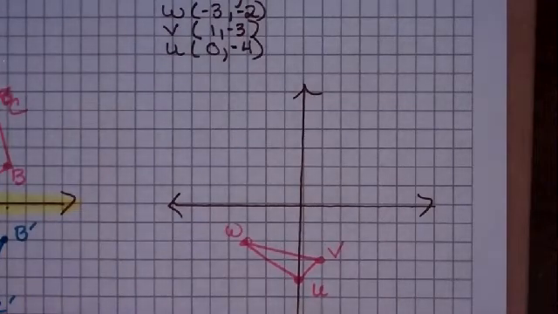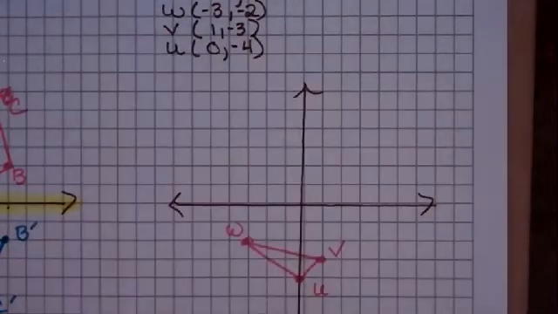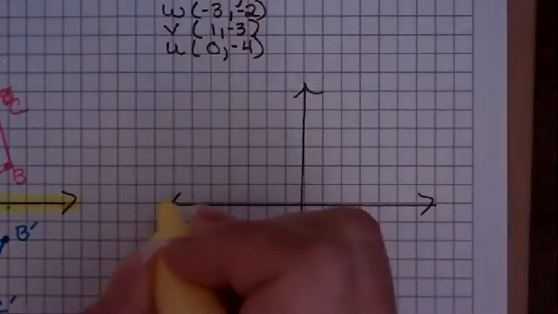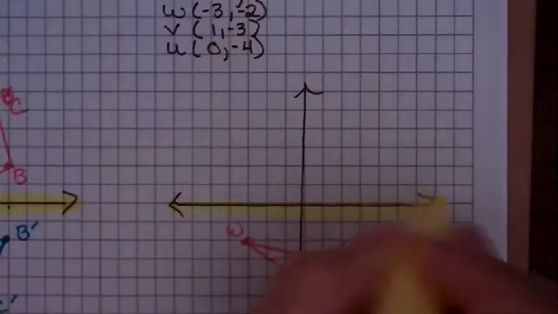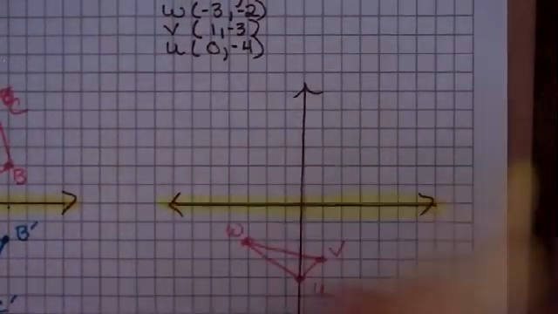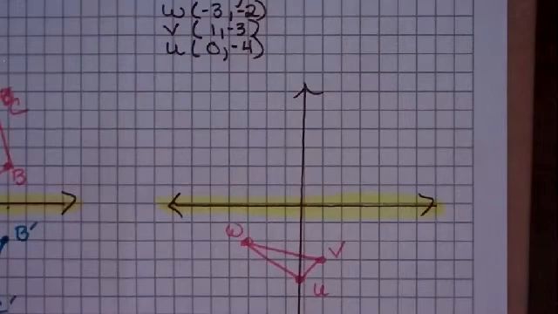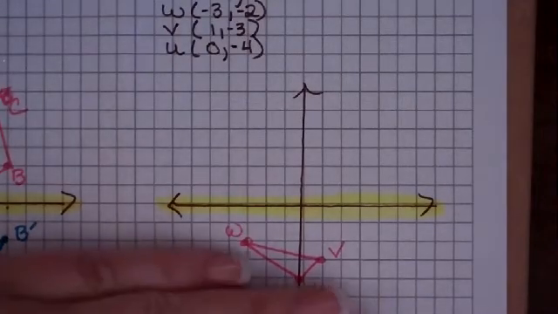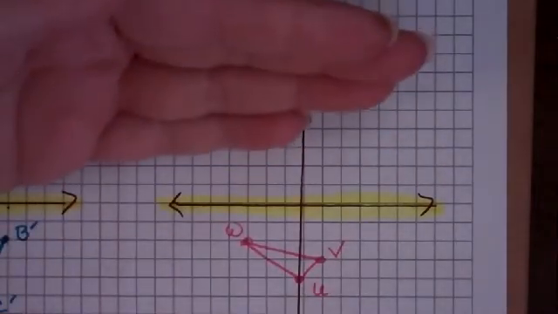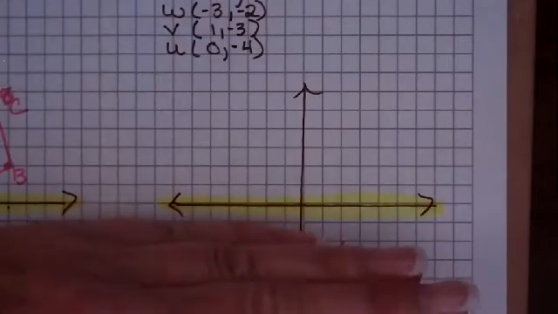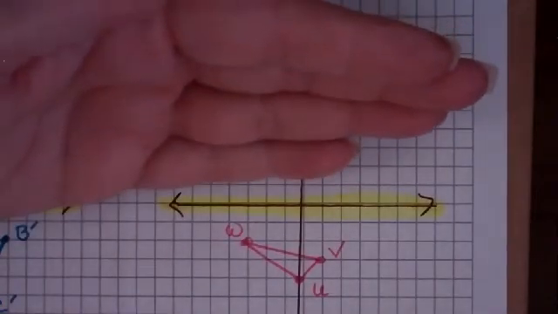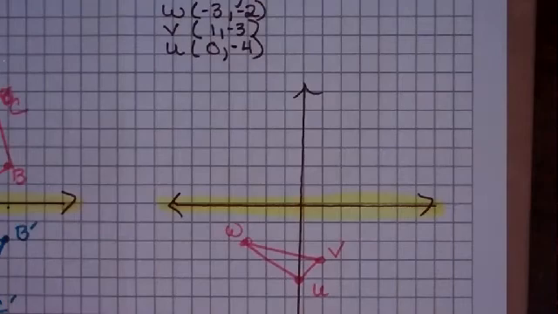Now, I'm going to reflect over the x-axis. So I'm going to highlight that x-axis so it's my line of symmetry again. Now this time when I flip, I'm going to be flipping from the bottom up to the top. But I'm still going to keep it the same distance away.